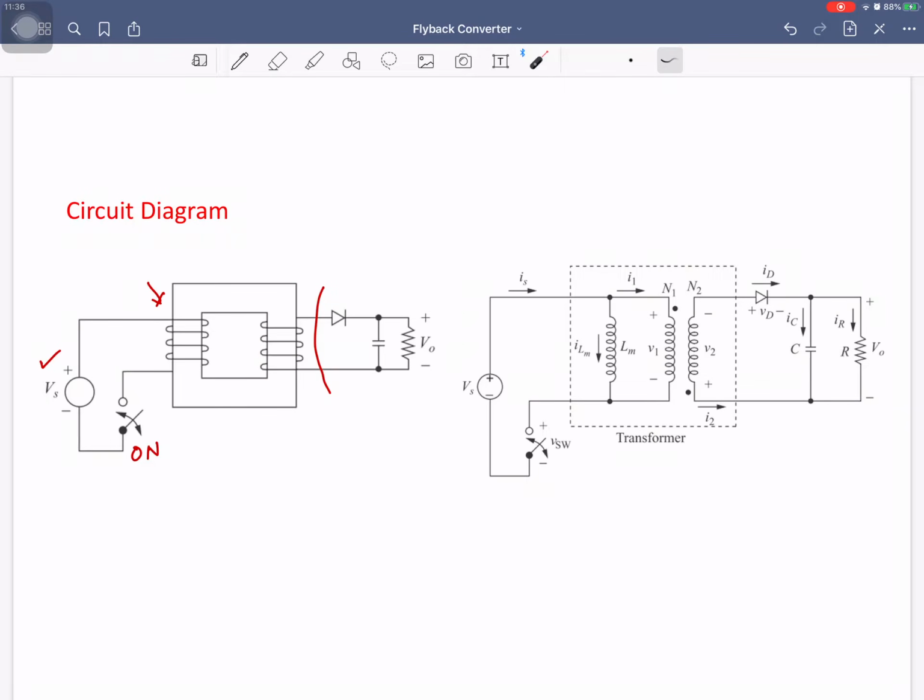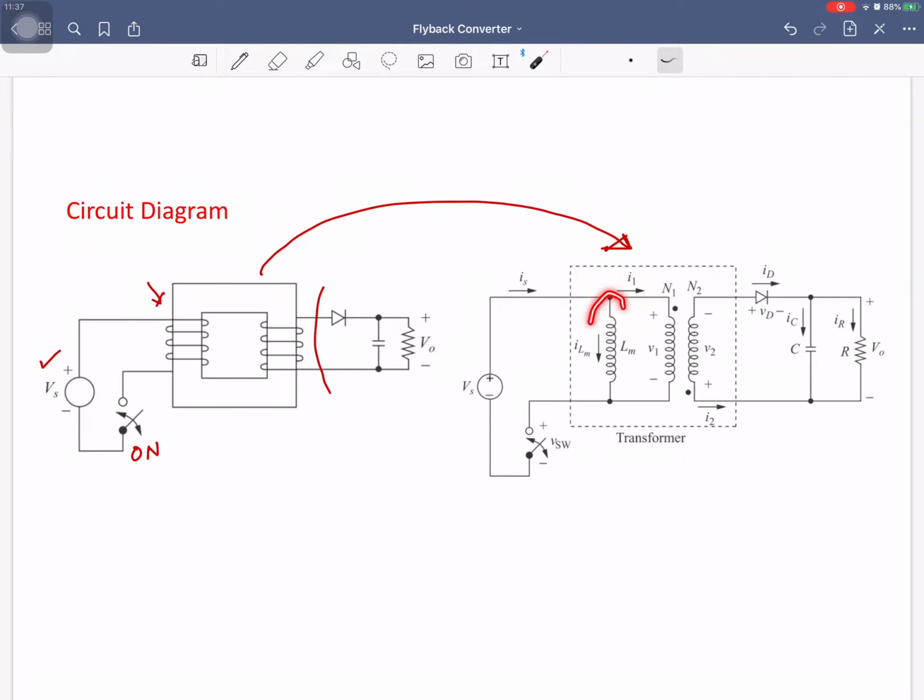So the flyback converter can be analyzed by using the transformer model, which includes the magnetizing inductance. So we are going to replace this transformer with its equivalent model. In this model you can see there are two windings, the primary winding and the secondary winding, and there is isolation in between.